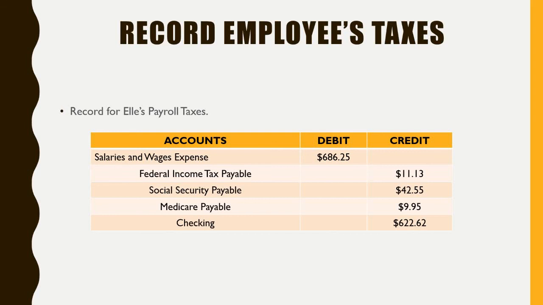So in this case, after taking $11 from federal income tax, $42 out of Social Security, and roughly $10 from Medicare, this person is going to walk away with $622.62. Right?